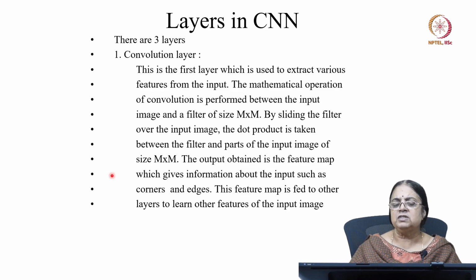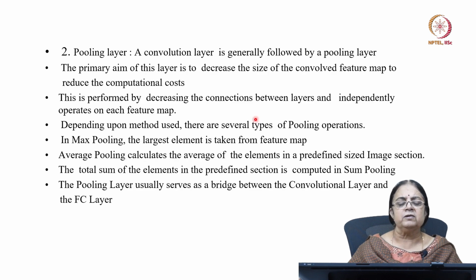As you slide the filter, you find the dot product between the filter and the part of the input image of size m by m, and this information will go into the next layer. You get what is called the feature map. That's what happens in the convolution layer.